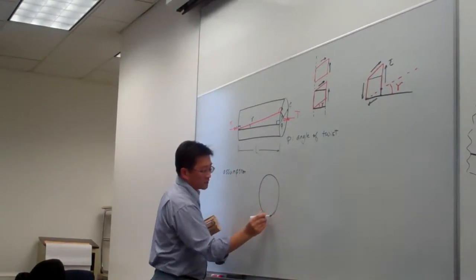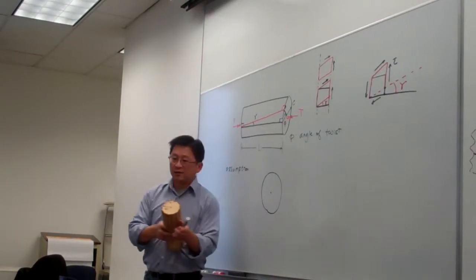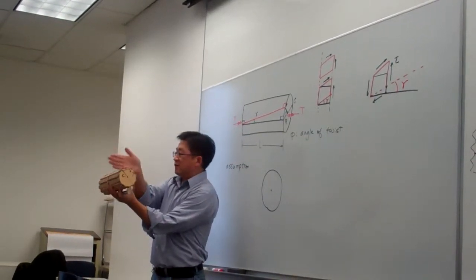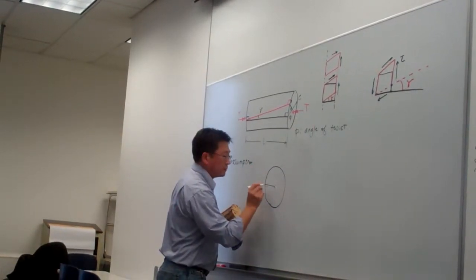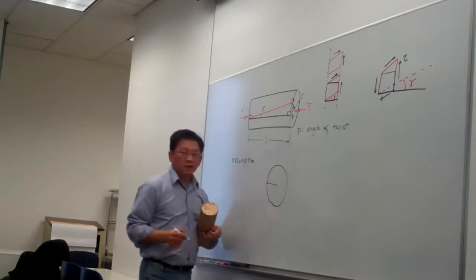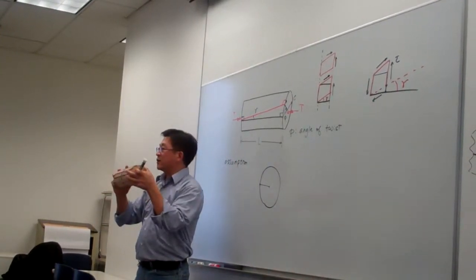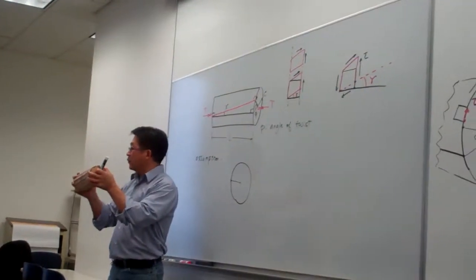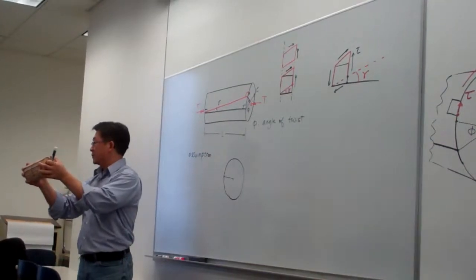So this is a cross section. This is a center, and this cross section can be taken from anywhere of the shaft. For example, if this is the point before the loading is applied, once we apply the loading, all the material will be moving because the material responds to the loading and deforms.